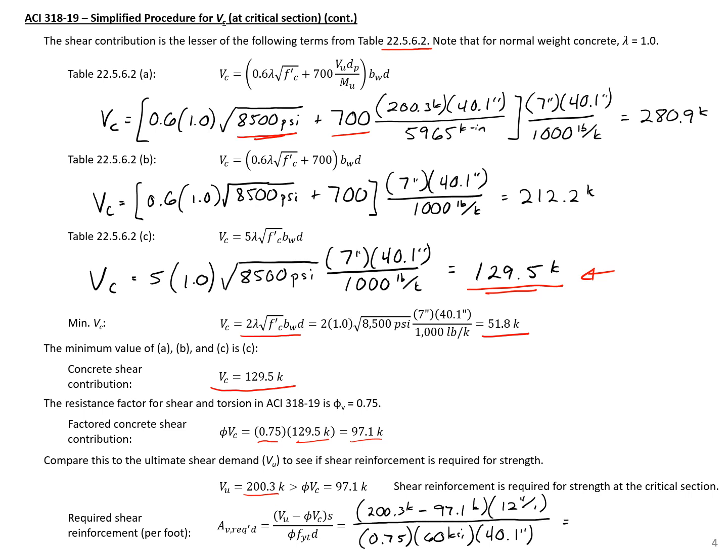So we'll get an Av required here of 0.685 inches squared per foot. You can look at one of the other example problem videos for how to actually design the shear reinforcement for this required shear reinforcement. I'm not going to cover that in this video.